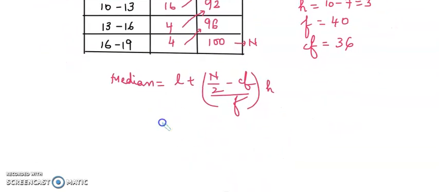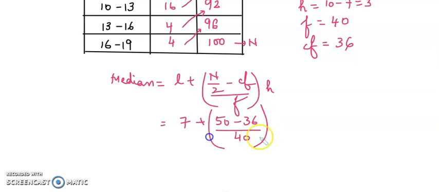So let's put it. L is 7 plus 50 minus 36 divided by 40 multiplied by 3, which is going to give me 7 plus 14 divided by 40 multiplied by 3. So I'm going to cancel this off as 7 and 20.